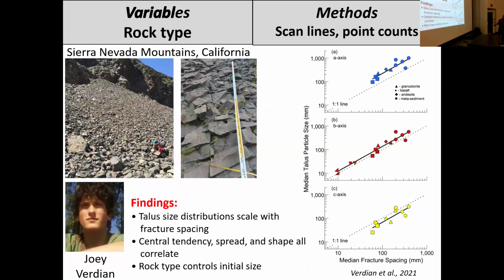Joey Verdian, who's an undergraduate student, went out to ask the question, when you see fractured rock in a cliff, does that tell you what size the particles are going to be that come off that cliff? And so he measured grain size distributions on a whole bunch of talus slopes and different rock types in the Sierra Nevada, and found that indeed the talus size distributions really did match the fracture distributions on the cliff face.